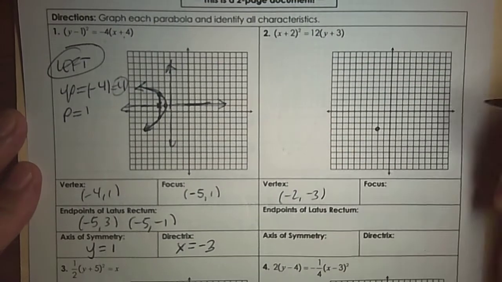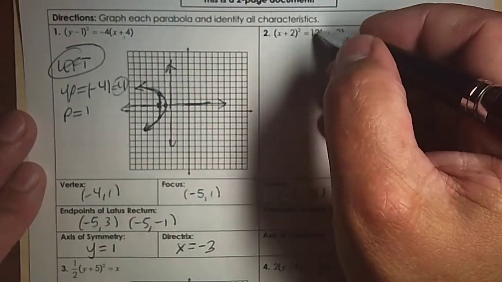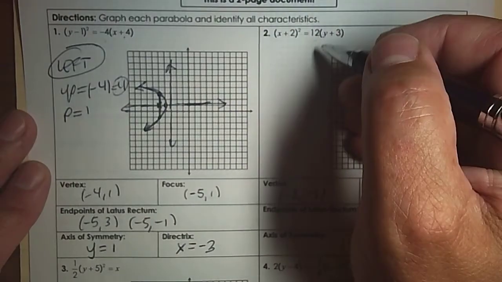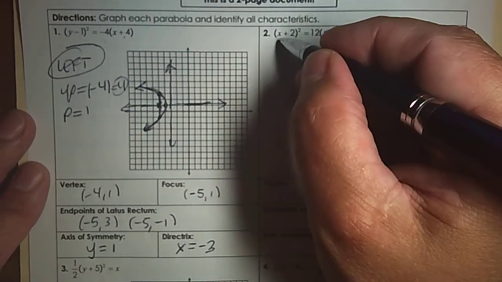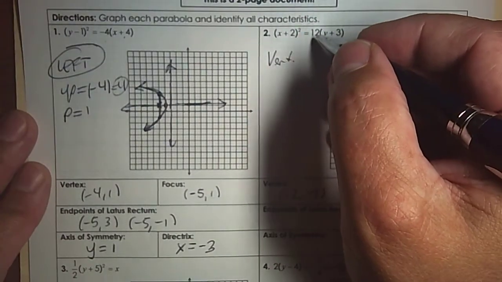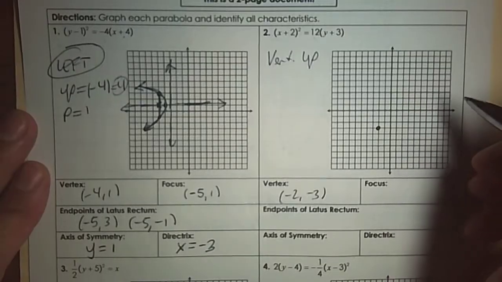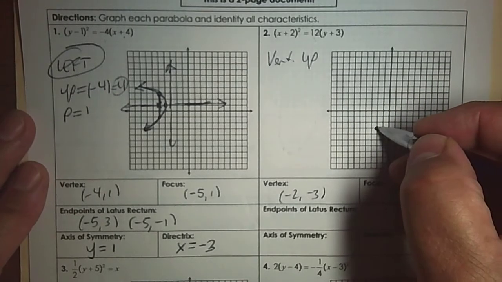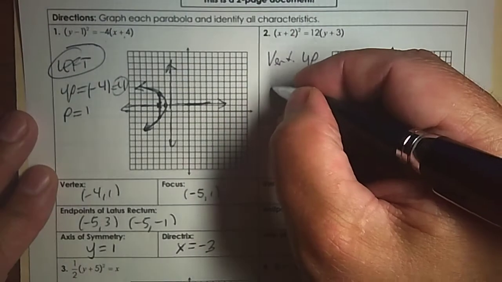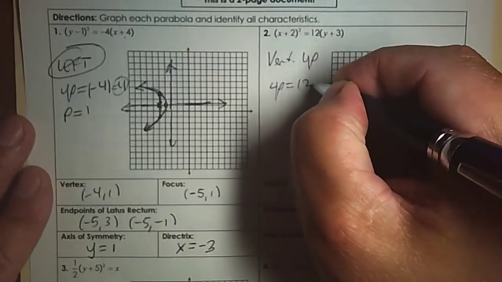Next, I notice that x is squared, and then we have a positive. So if x is squared, it's vertical. And also, because it's positive, that means it's going to go up. So vertical and up. So 4p is equal to 12.